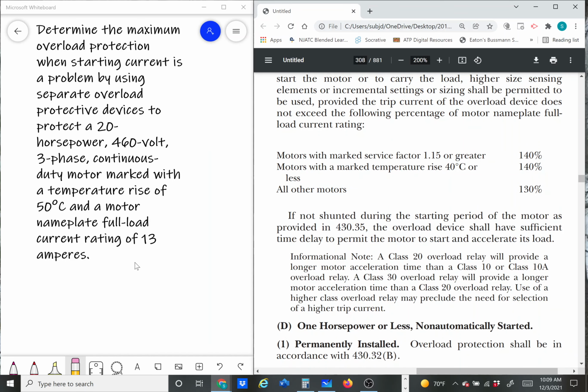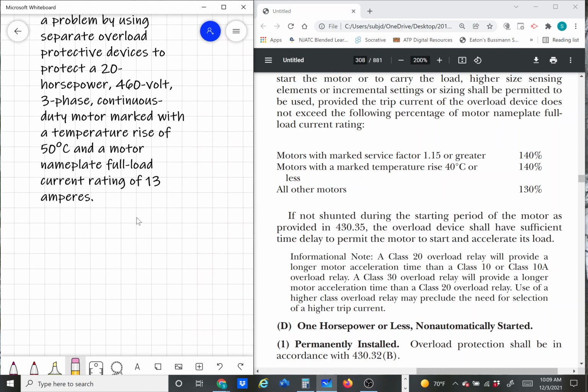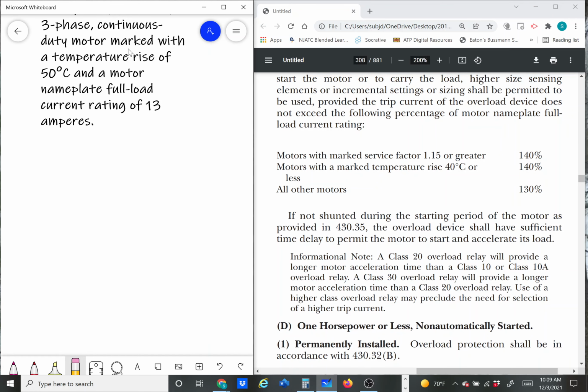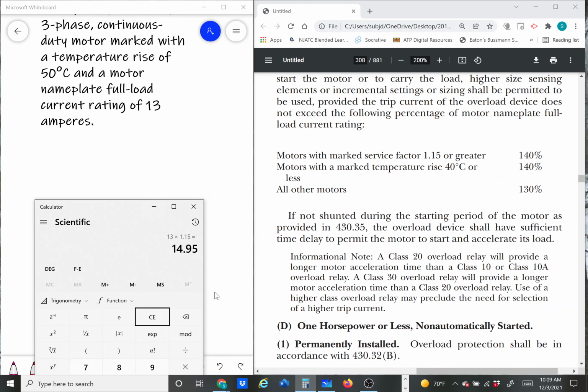So we're going to scroll up from there. All this is fluff, don't care. Marked with a temperature rise of 50 degrees. So 50 degrees, I'm already over my 40 degrees, so I know I'm going to use my 130% of 13 amps. Looks like it's the same motor. So 130% of 13 amps, and now that's going to put me at 16.9.